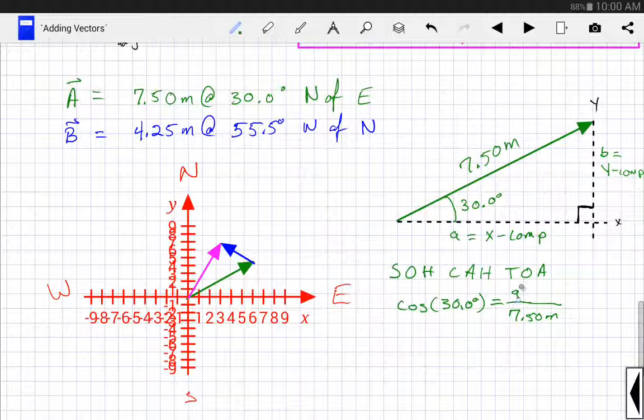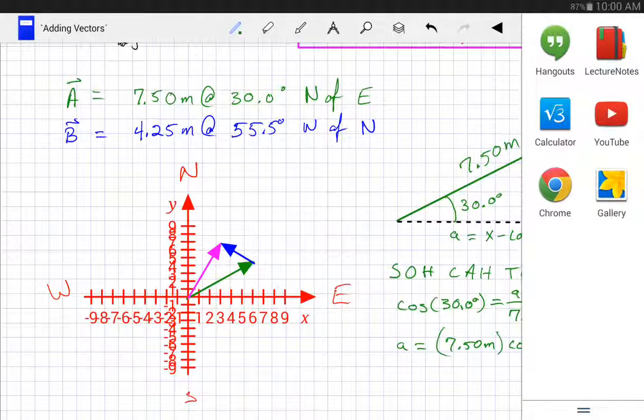Well, if I want to solve this for the adjacent side, just multiply across, and I have adjacent is equal to 7.50 meters times cosine of 30.0 degrees.